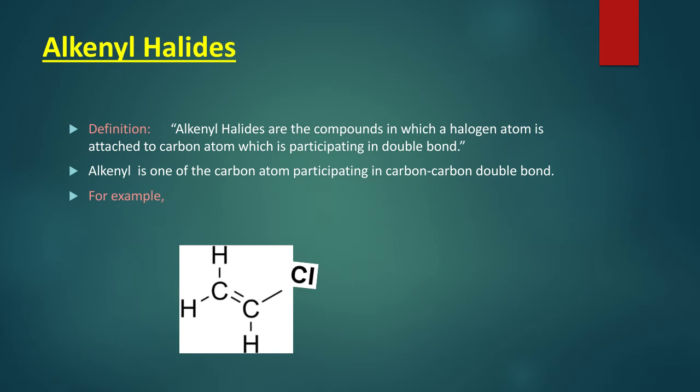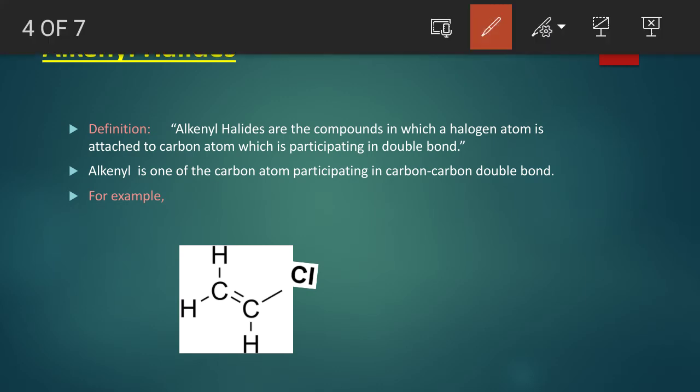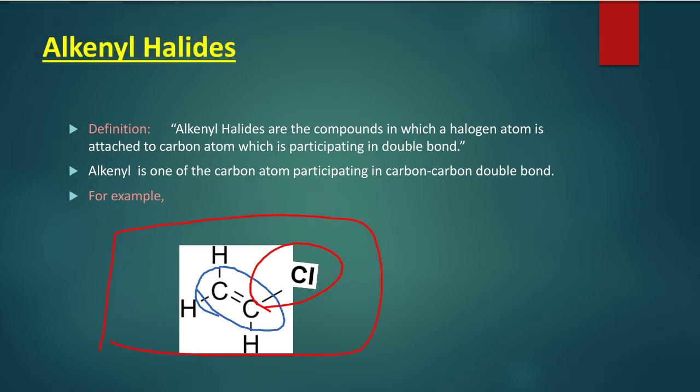The second point is alkenyl halides. Alkenyl halides means the carbon atom present in the alkenyl group or alkene group is bonded to the halogen atom. Then this type of organic halogen compound is called alkenyl halides.